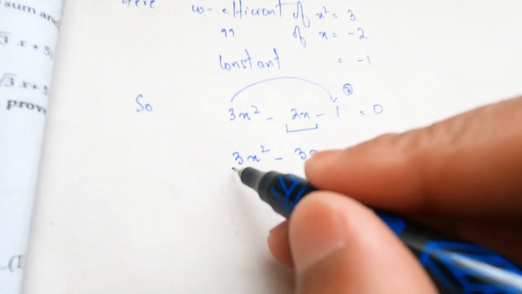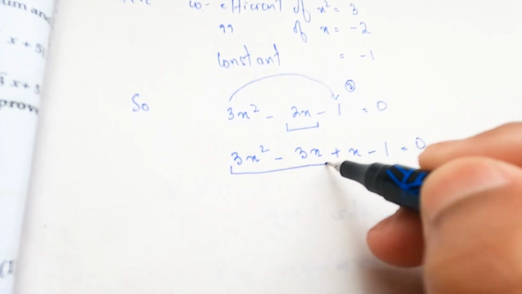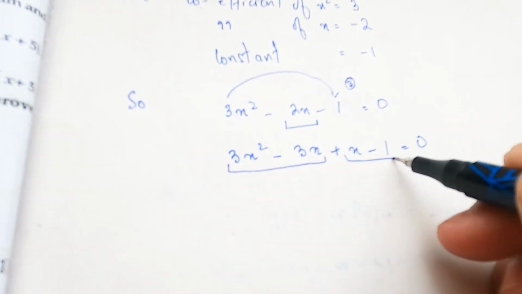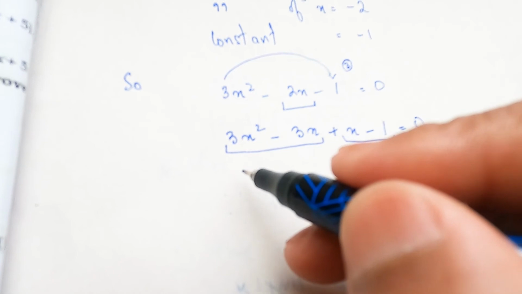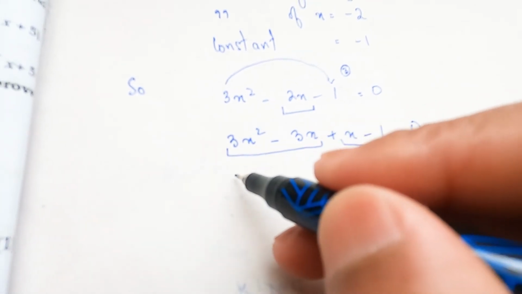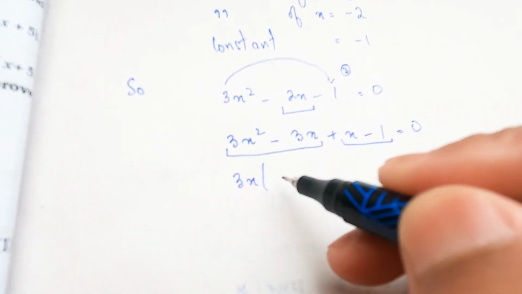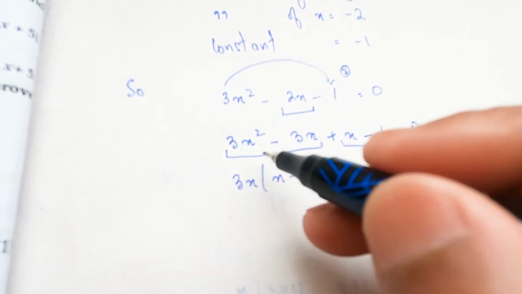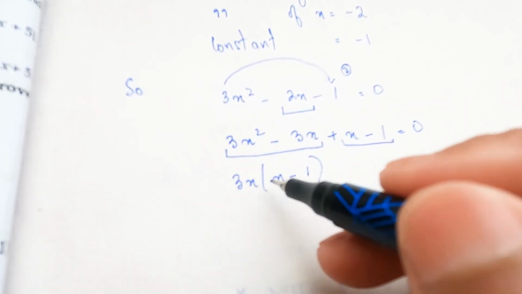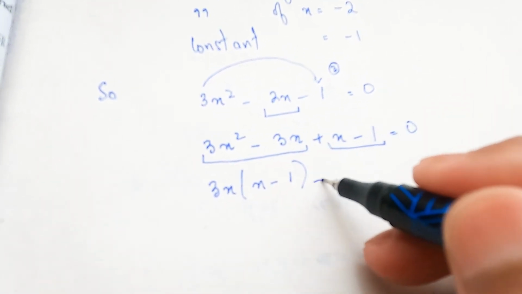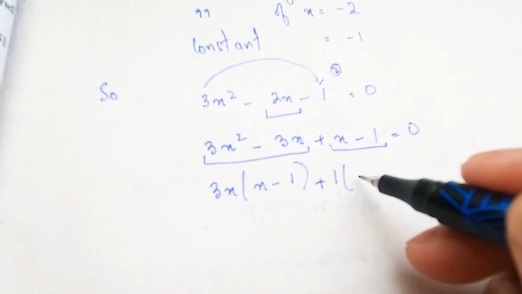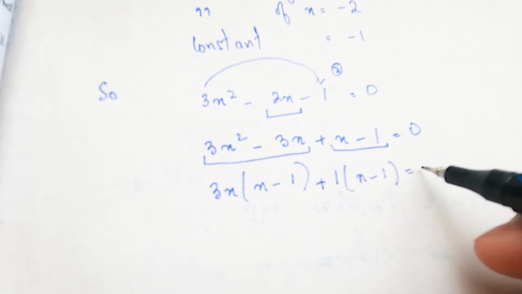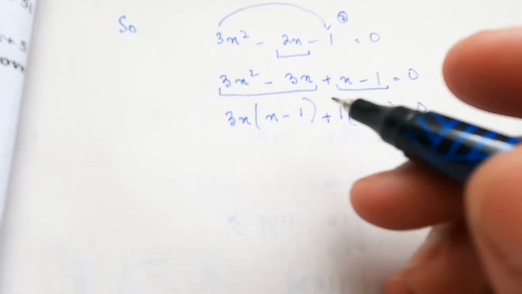Next, we will group them into pairs to find the common number. The common number will be 3x into x minus 1, because 3x into x will be 3x square, and 3x into 1 will be 3x. Plus, the common number will be 1 into x minus 1 is equal to 0.